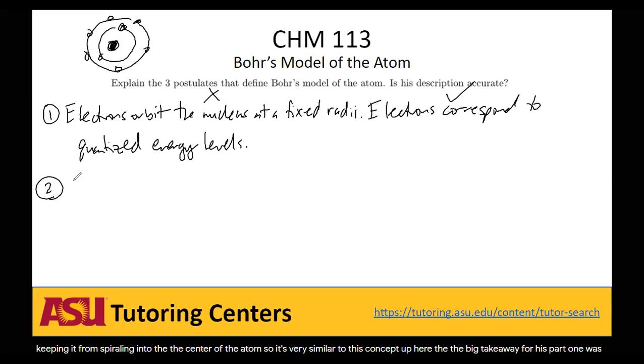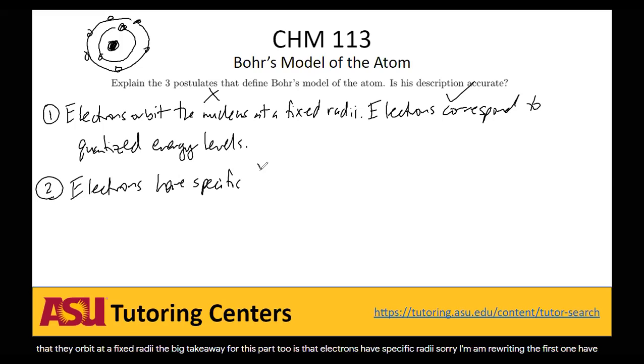The big takeaway for part 2 is that electrons have specific fixed energy levels depending on the orbit they are in.